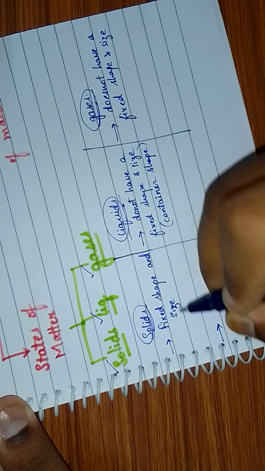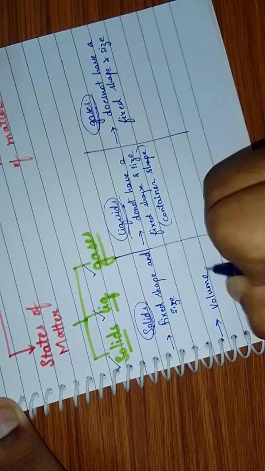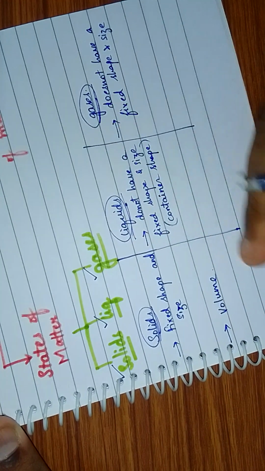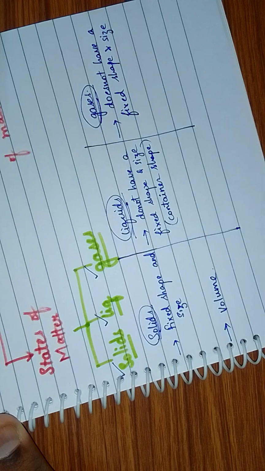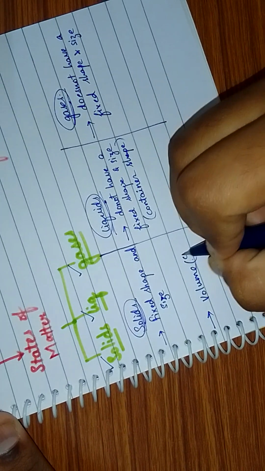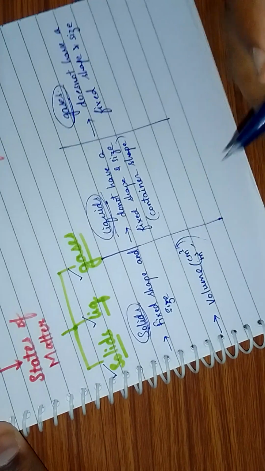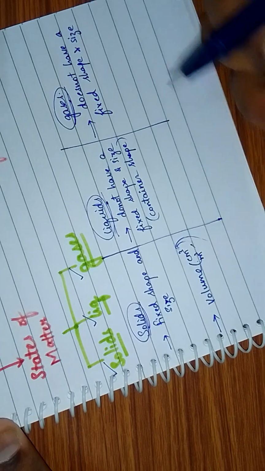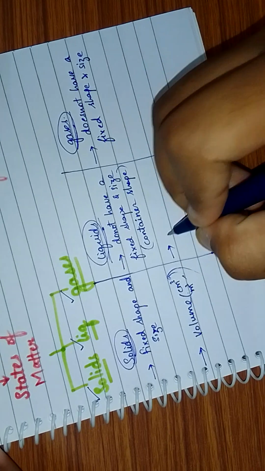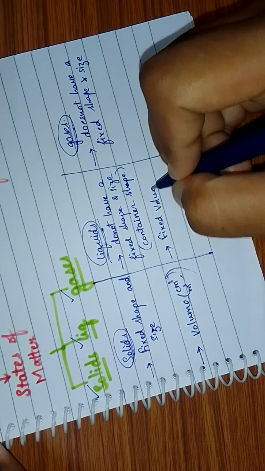Now, the second property is volume. Do they have volume? Solids have fixed volume. If you have a cube or a book or any solid material, you can give them units like centimeter cube and meter cube. If you take liquids, they have a fixed volume. How?